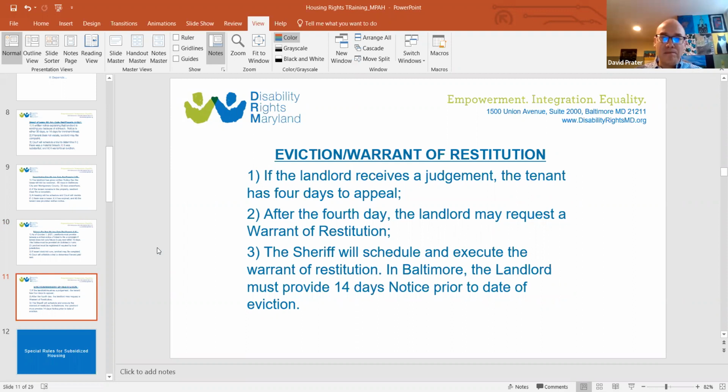And landlords are basically prohibited from filing any kind of failure to pay rent case against tenants who are withholding their rent because of the conditions in the property.